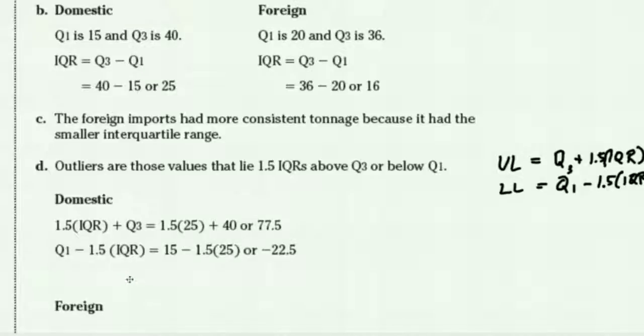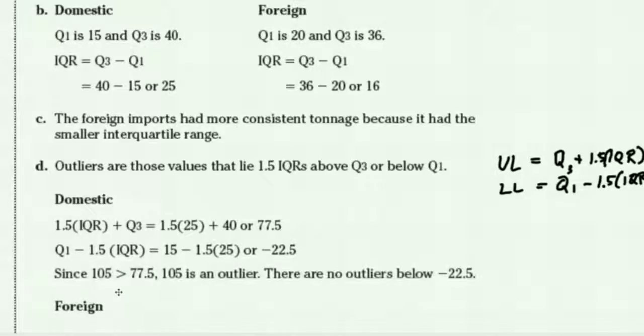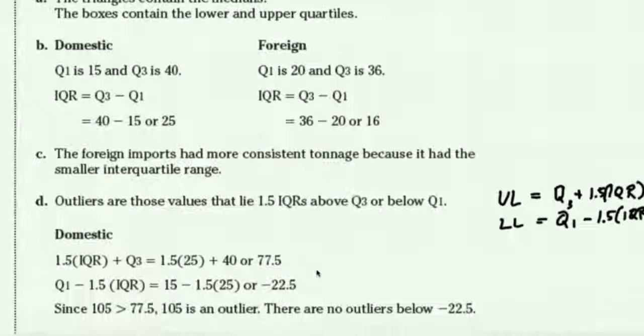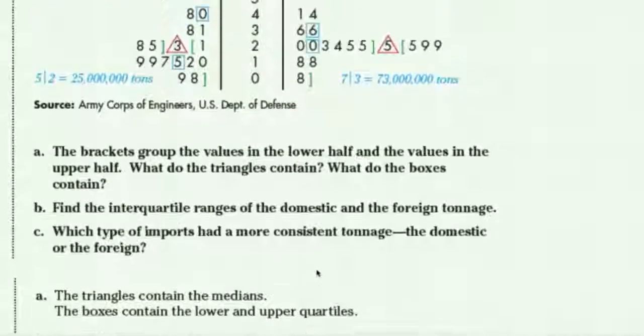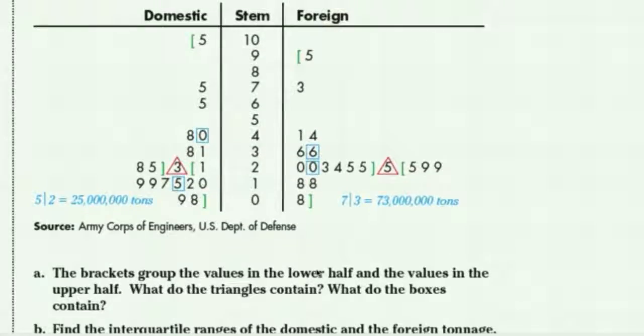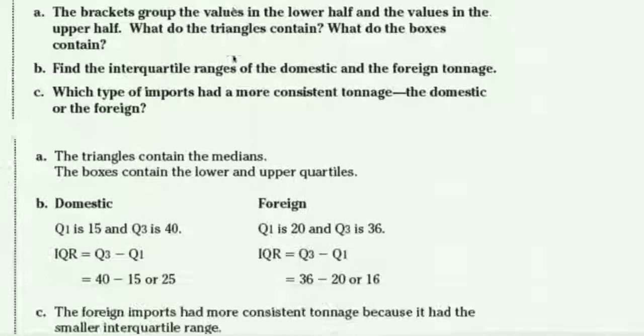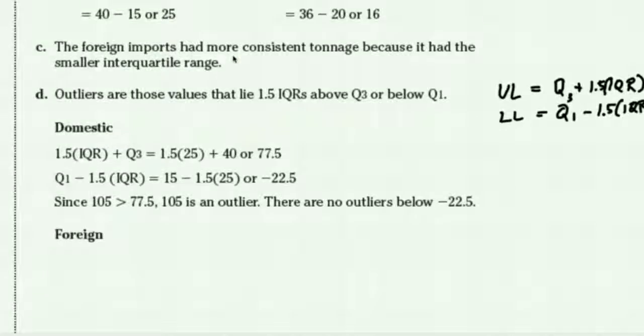So if you look at our set of data, since 105 is greater than 77.5, 105 is an outlier, and there are no outliers below negative 22.5. And this is where 105 comes in, right here. See, 105 is beyond our upper limit, and therefore it is an outlier.